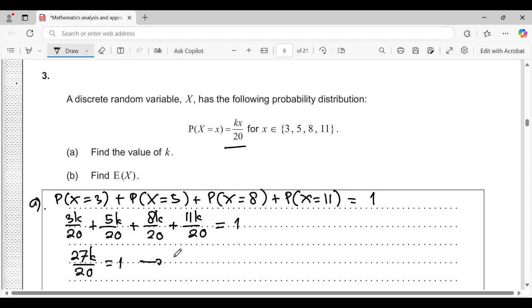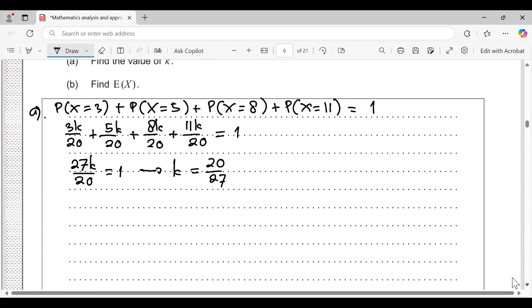So we can determine k equals 20 over 27. That is the value of k.